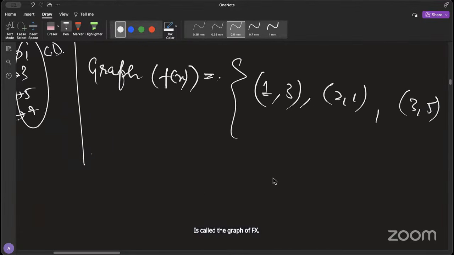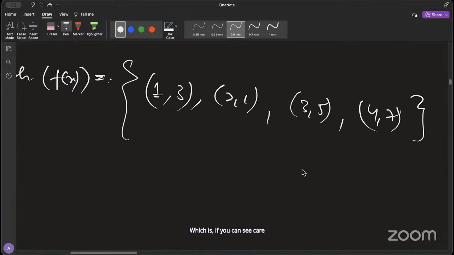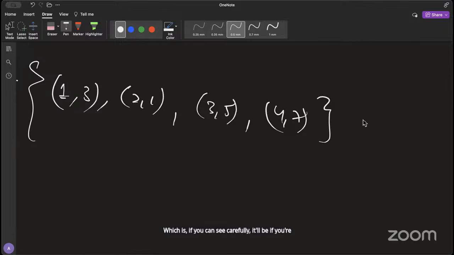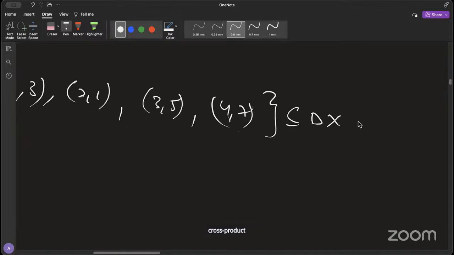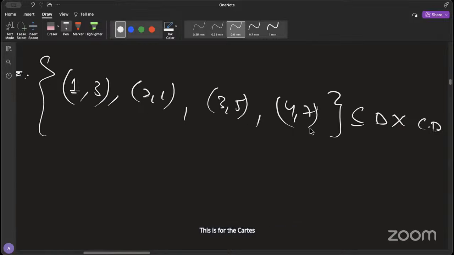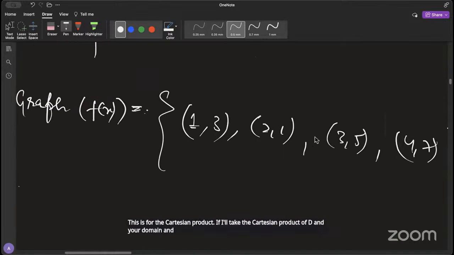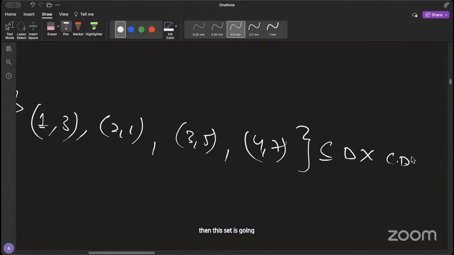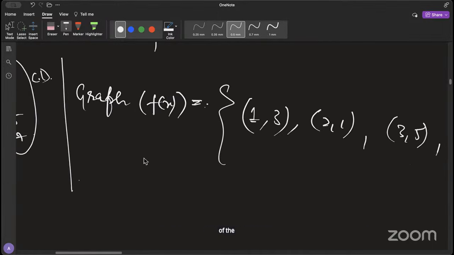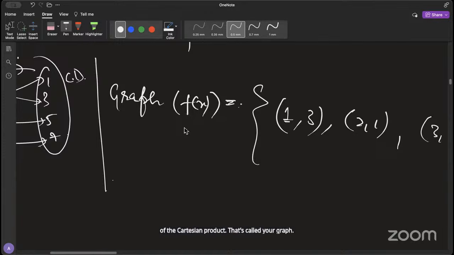If you can see carefully, it's the subset of the Cartesian product of domain and codomain, right? If I take the Cartesian product of your domain and codomain, then this set is going to be the subset of that set. So that's called your graph of a given function f(x).